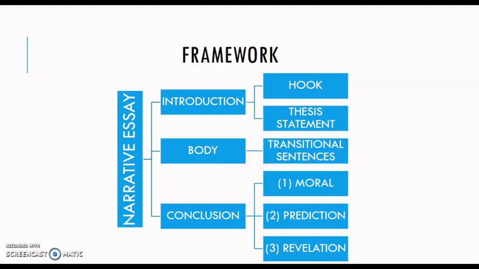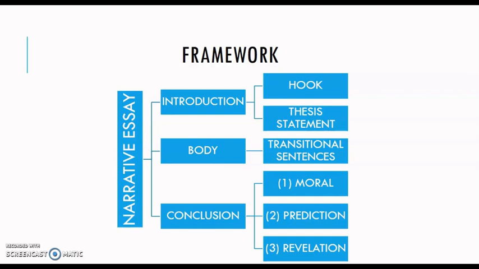Then, in the conclusion, there can be three items. The first one can be a moral: what we have learned or what the writer wants to teach about the whole story. It can also be a prediction, something new that wasn't present in the text before. And this is another important element of narratives, that we can add something new to the conclusion, something unexpected.